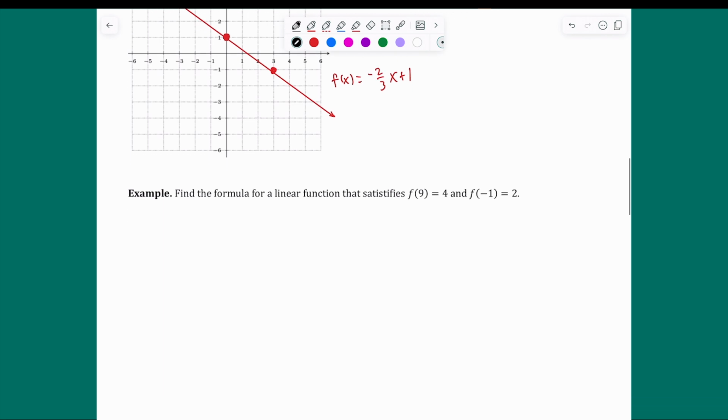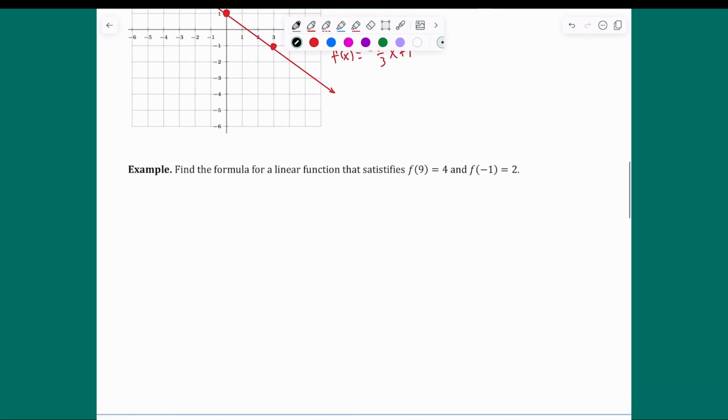All right, next example: we're asked to find the formula for our linear function that satisfies f of 9 equals 4 and f of negative 1 equals 2. So we have these equations that the function needs to satisfy.